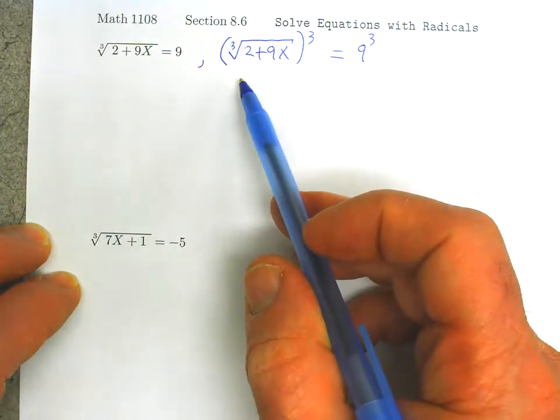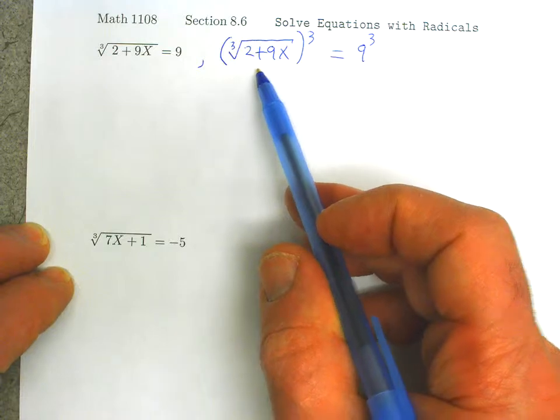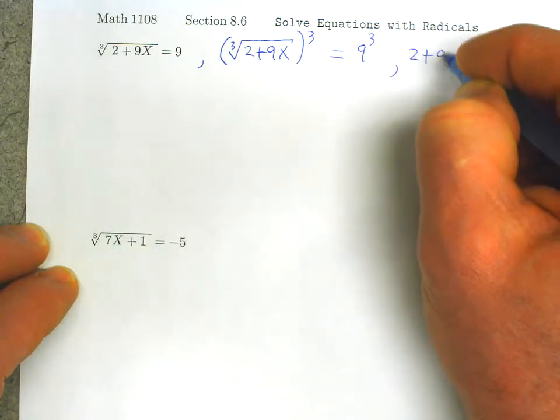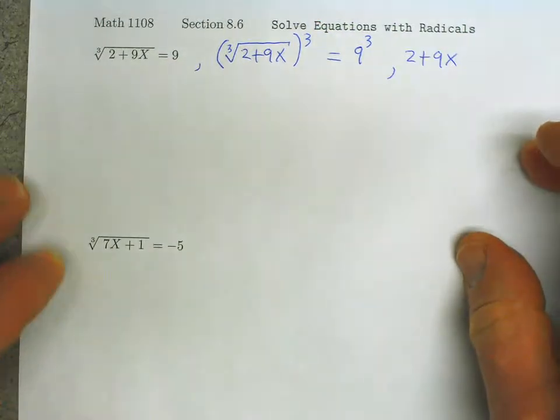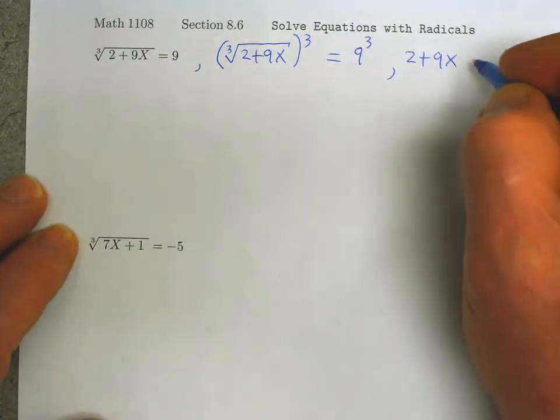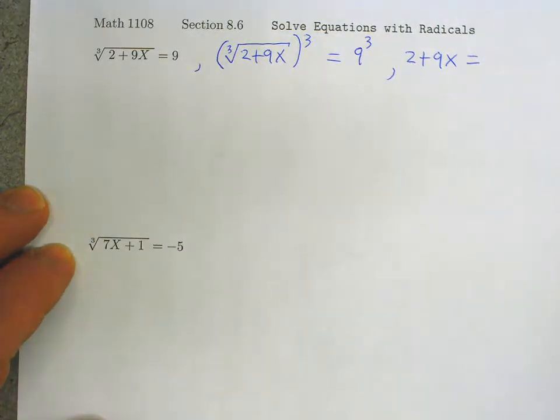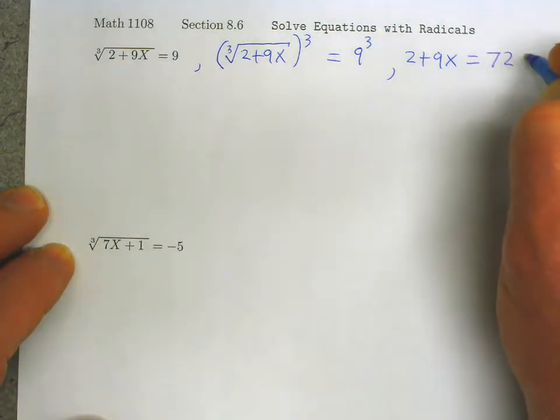When we cube the cube root of 2 plus 9x, we just get 2 plus 9x. And on the right-hand side, 9 to the third, well, 9 times 9 is 81, and then 81 times 9 is 729.